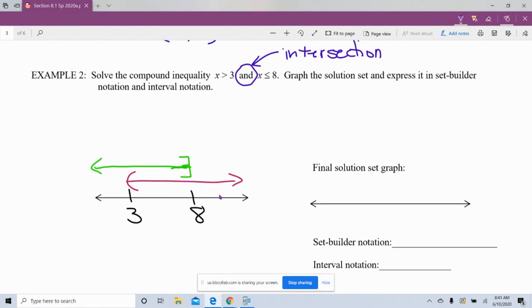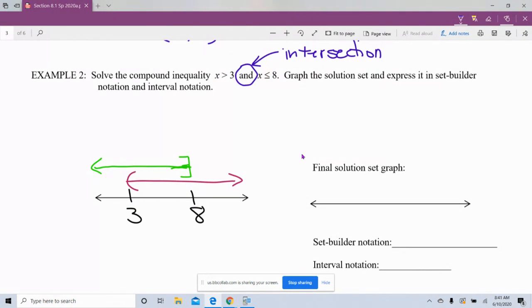So the only numbers that are in both solution sets, right, are those numbers between the 3 and the 8. Those are shaded in green from the second solution set, and those are shaded in purpley color that are solutions to the first inequality, right? So in between the 3 and the 8, these are the only numbers that are in both solution sets.